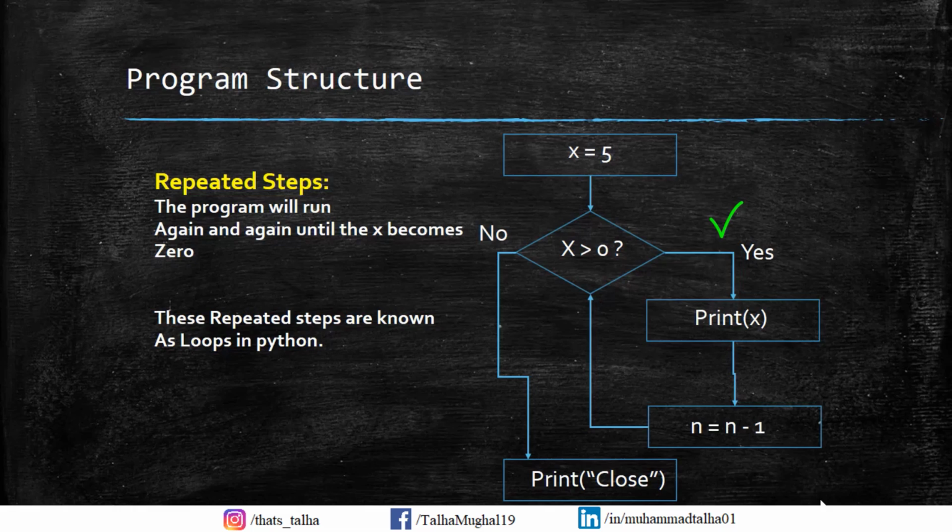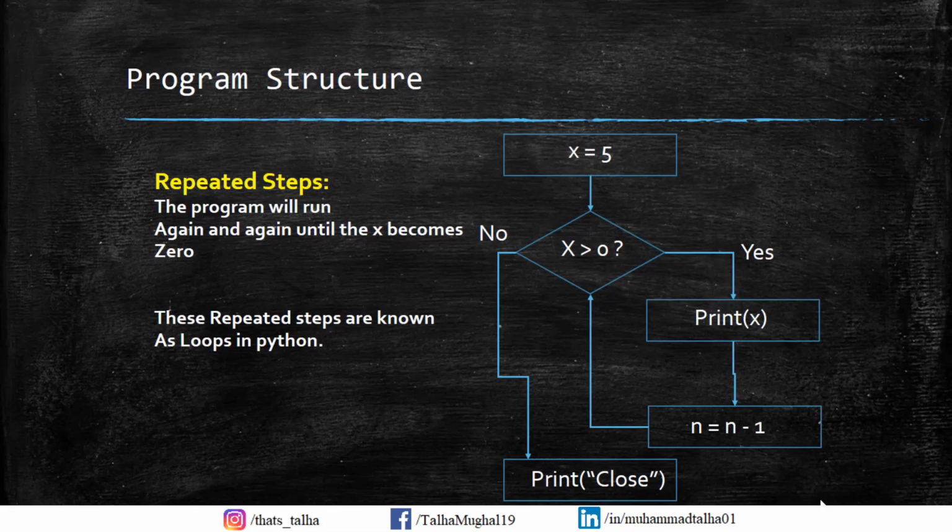It will print out the value, and in the next step it will decrease the value by 1. And then it will again check the value. If the value is again greater than 0, it will again go to the right side and print out the value, and it will again subtract 1 from it. And then it will again check whether the value is greater than 0 or not.